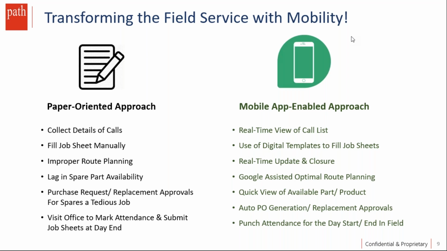And you have a very simple and easy replacement approval if you adopt a mobile app, because when you select the replacement process, notifications are sent to various levels, and once approved, you are notified on your mobile. So this becomes a very structured and process-oriented approach.